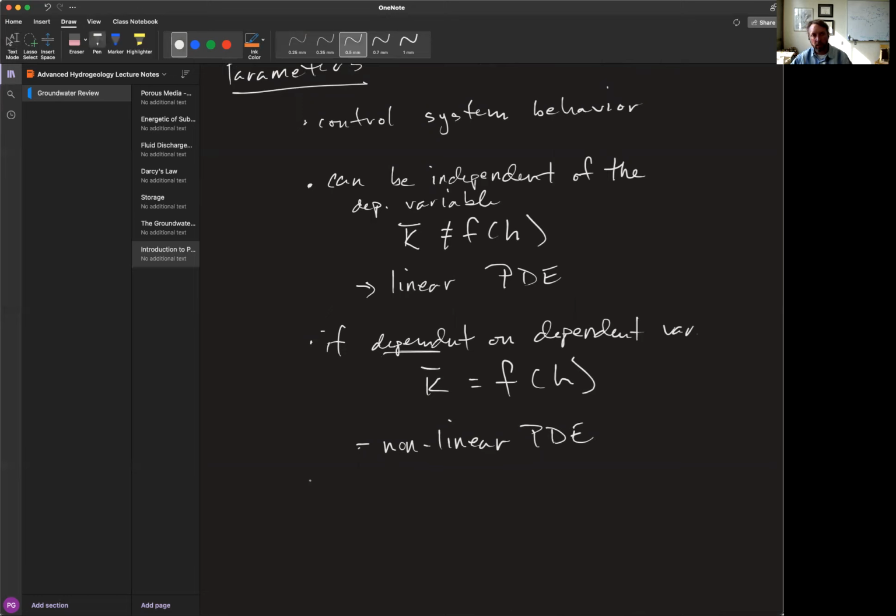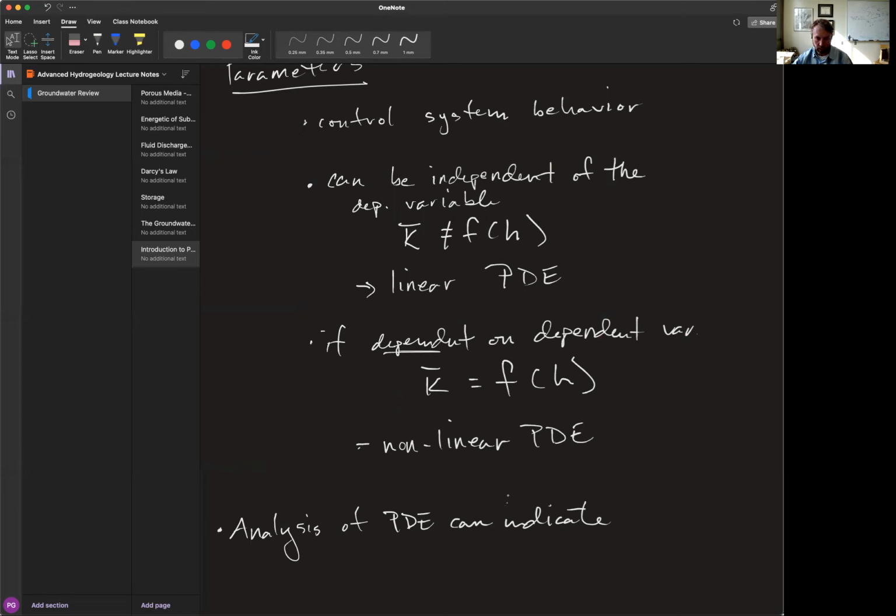Okay, another thing that we can do when we look at the PDE, we've already learned we can analyze different things. We can look at what dimensions. So are we looking at 3-dimensional flow or 2-dimensional flow?